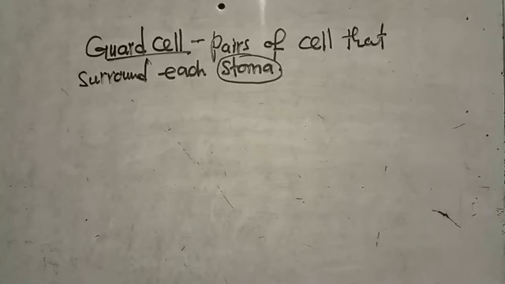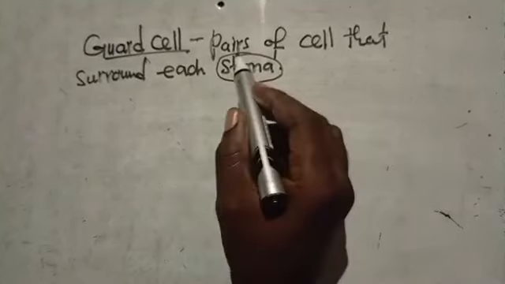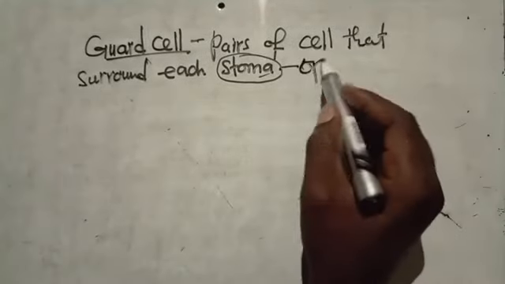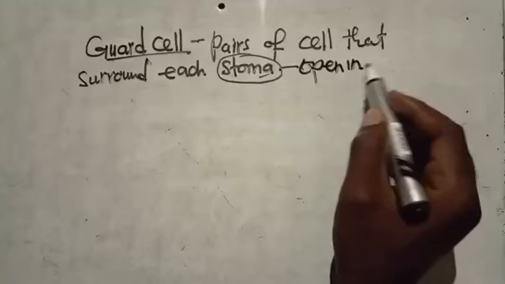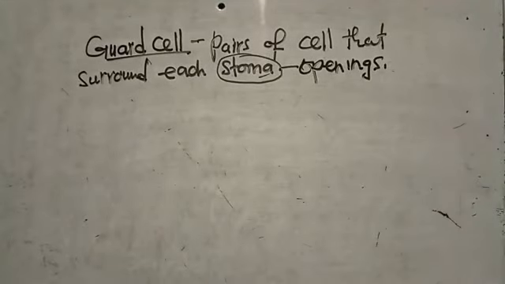These are pairs of cells that surround those stomas. These stomas are what? Some openings. Some what? Some openings. This is what you are supposed to know.